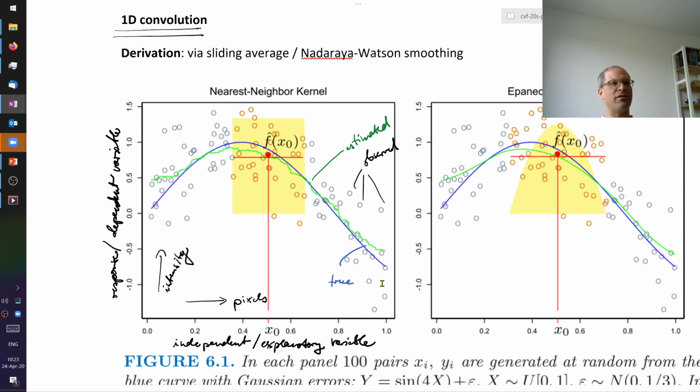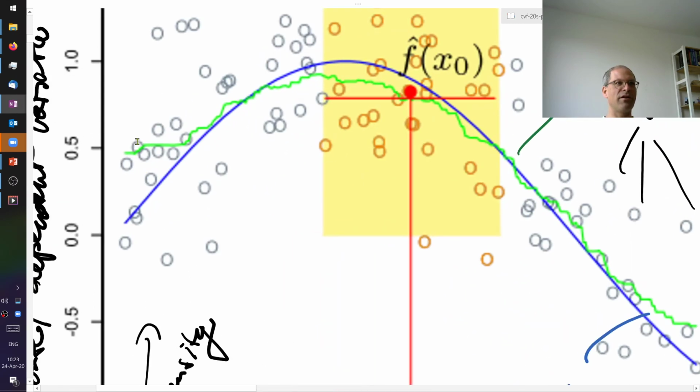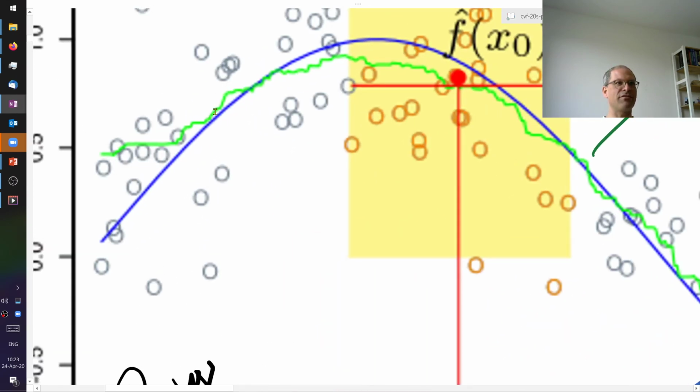Something more flexible is the so-called Nadaraya-Watson smoothing. Now you've at least learned a fancy word for today. The result of Nadaraya-Watson smoothing with 2 different kernels is shown here in green. You see this function which has many, many small steps.